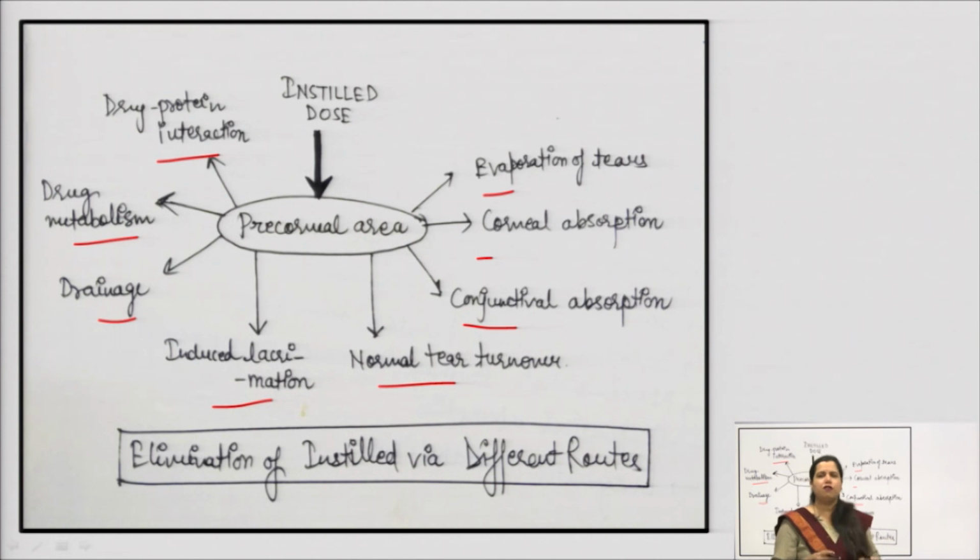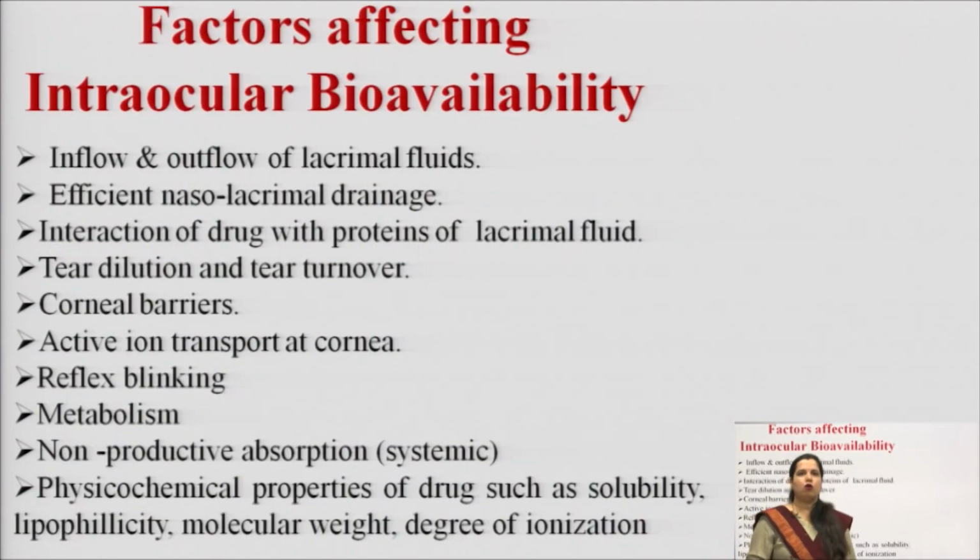So, these are the different factors present at the precorneal area, and they need to be considered while designing an ocular drug delivery system, or a sustained or controlled ocular drug delivery system, for better performance of the drug candidate for the eye. So, there are various factors affecting intraocular bioavailability, right.